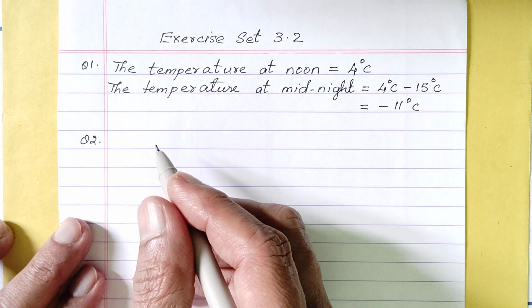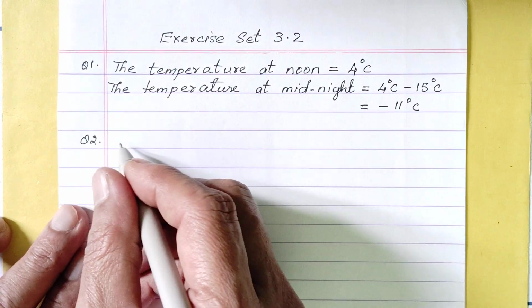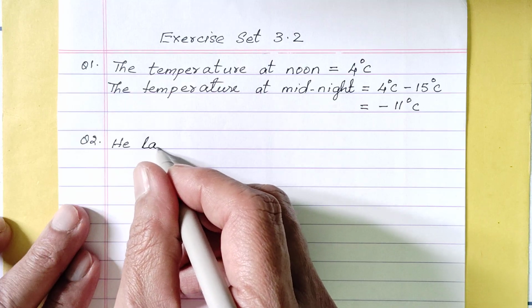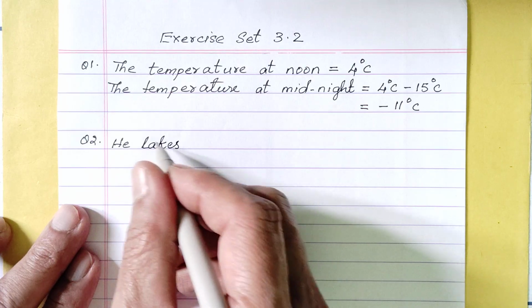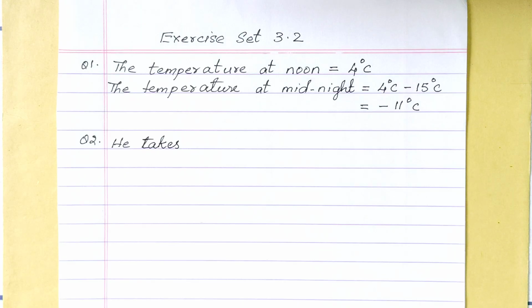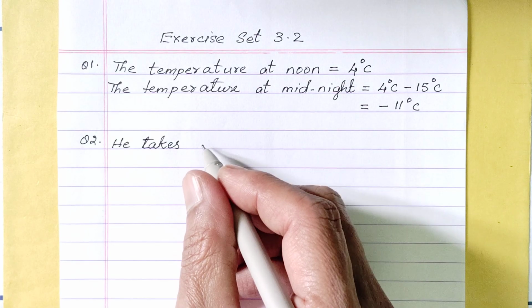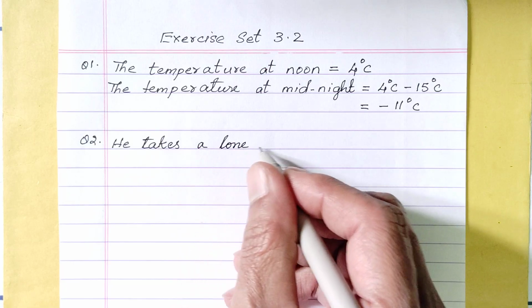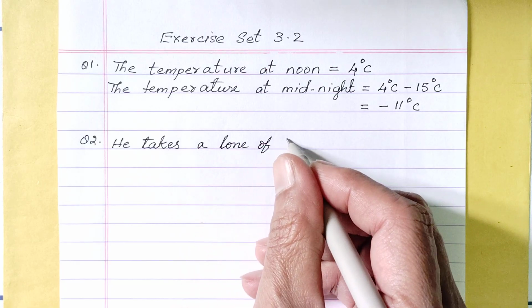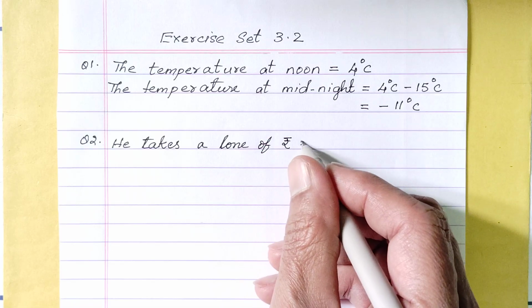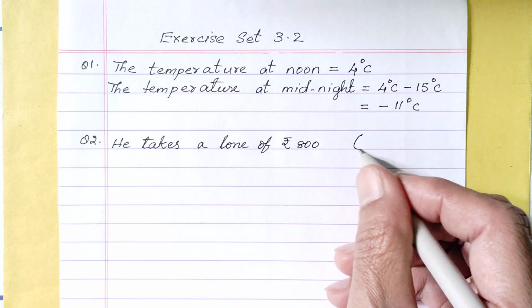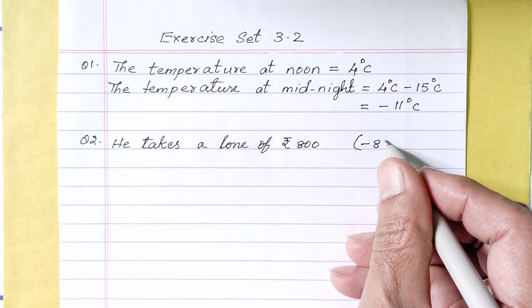First, he takes a loan of rupees 800. So this will be represented as minus 800 because it's a loan.